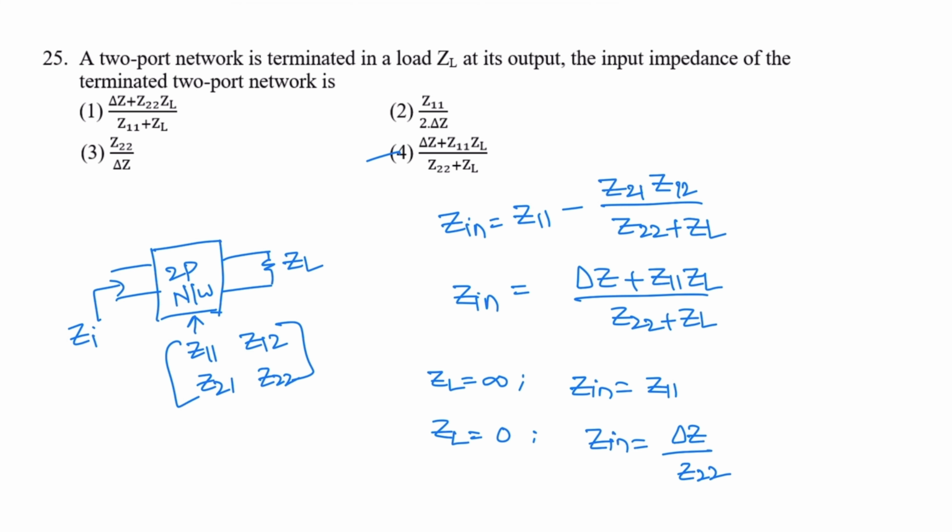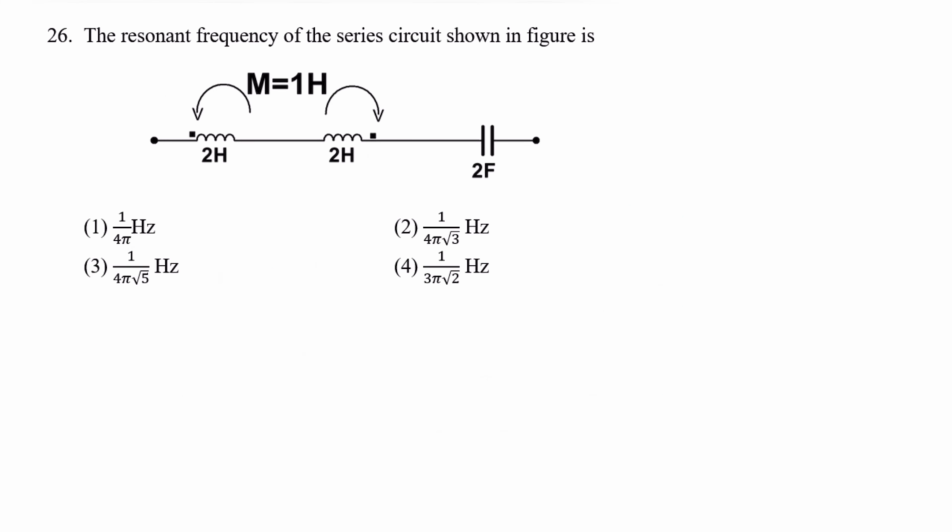Next question. The resonant frequency of the series circuit as shown in the figure. Given the circuit, there are two inductors of 2 Henry and 2 Henry. So this is inductor L1 and this is inductor L2, and the capacitance is C, 2 microfarad.